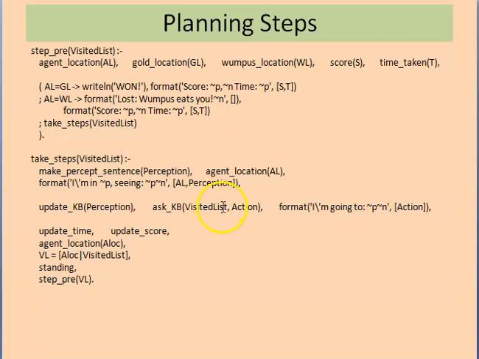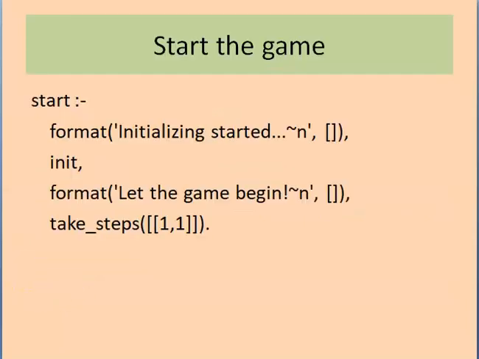So basically we will find the new location and what action we are taking, and we will print that action on the screen. In this we are updating the time, updating the score, checking the agent location, and adding that agent location to the visited list. Like that we are updating and taking the step.